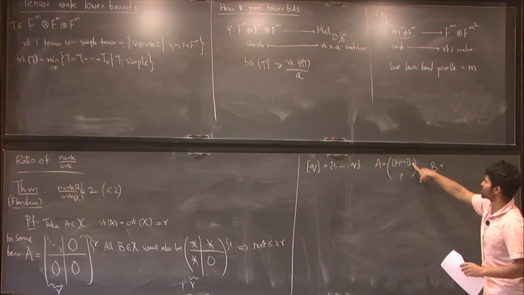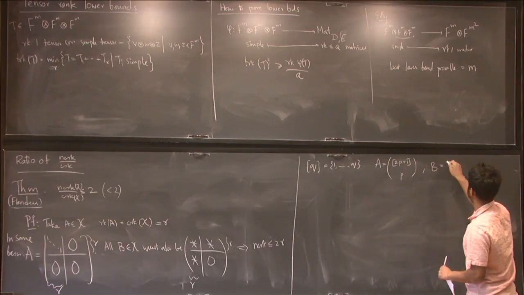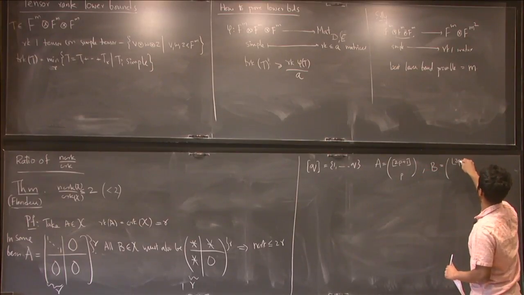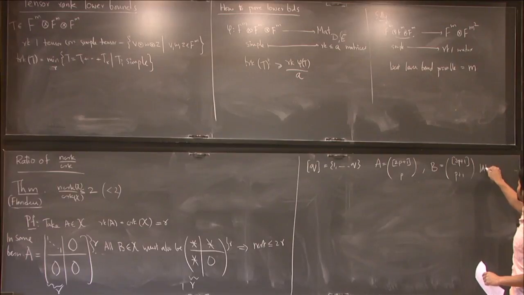It's all subsets of numbers 1 to 2p plus 1 of size p, and B is going to be all subsets of numbers 1 to 2p plus 1 of size p plus 1. And the claim is the cardinality of A and B are both the same, equal to 2p plus 1 choose p.